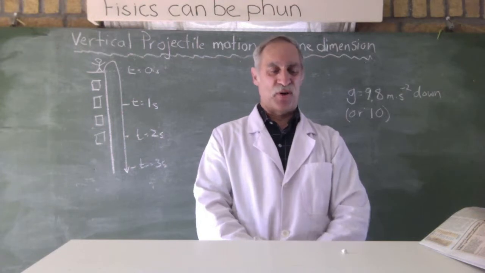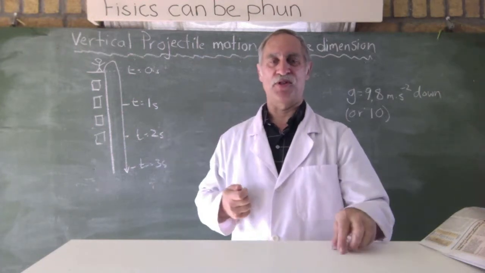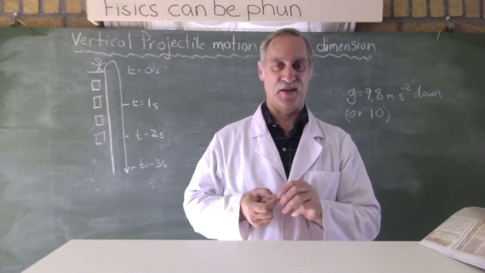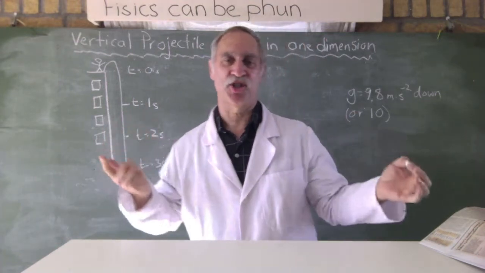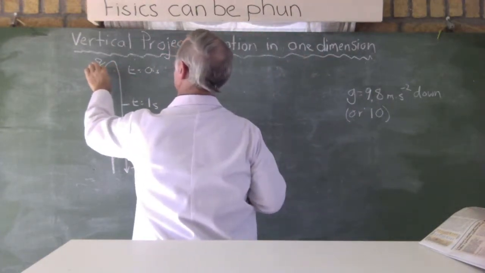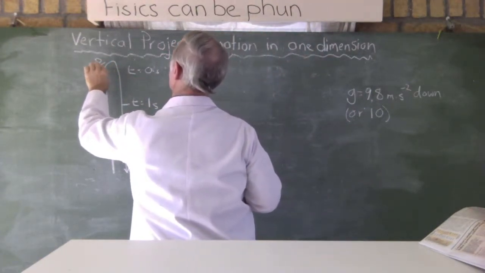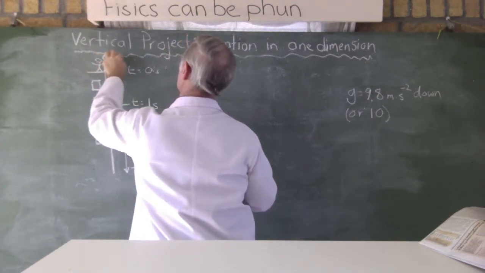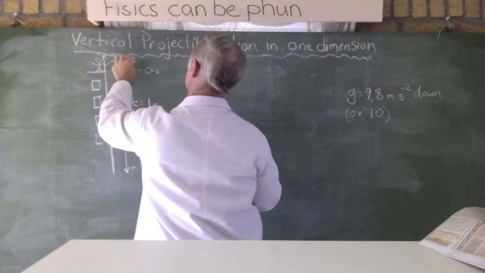And let's just suppose that the stone is thrown upwards at a velocity of 3 meters per second. Just for the sake of interest, we could choose any number, but let's choose 3. So its starting velocity upwards is going to be equal to 3 meters per second.